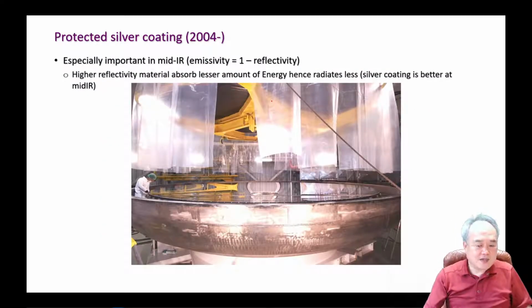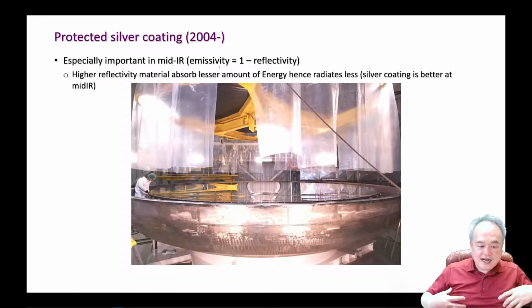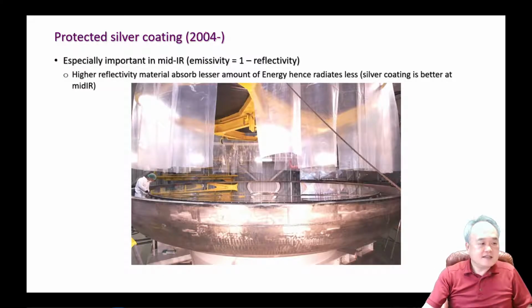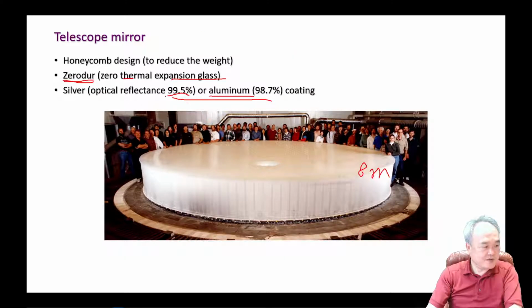and becomes even more important for long wavelength observations, because emissivity, which means how much energy the mirror emits at certain wavelengths, is 1 minus reflectivity. So in the previous example, let's compare silver and aluminum.